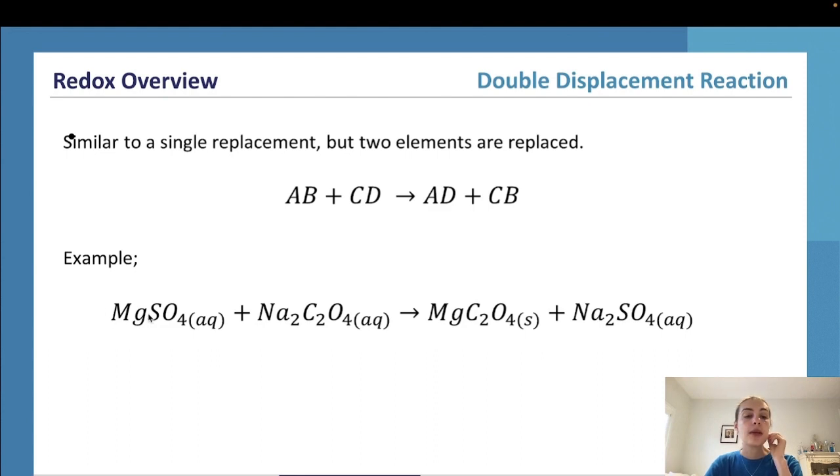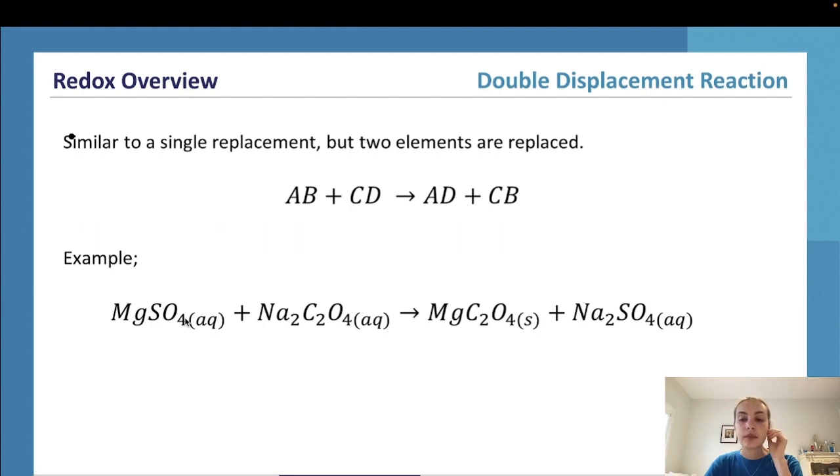So when we look at magnesium sulfate to start off with, we want to look into our rules. So our rules tell us that our oxygen is going to have a -2 charge, and each magnesium is going to have a +2 charge. But we also need to remember that we have 4 oxygens.